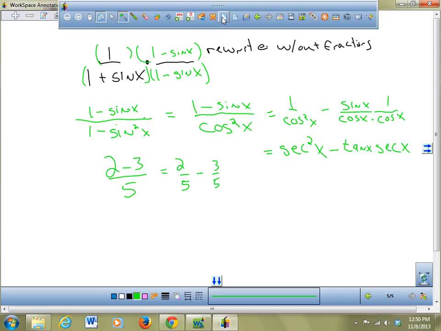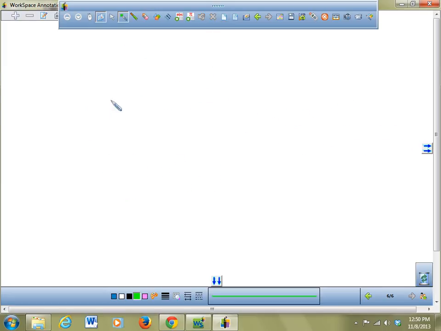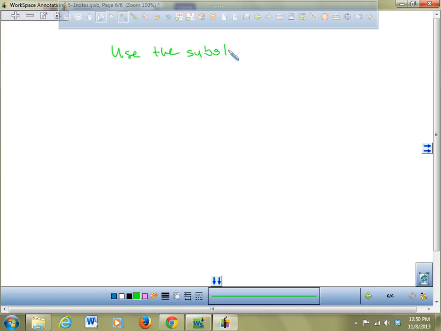It's a good idea when you get to calculus to have some exposure to this. So use the substitution, and this is just applying trig again.